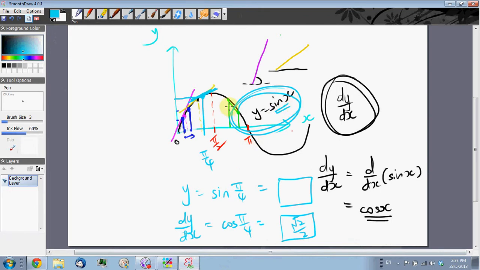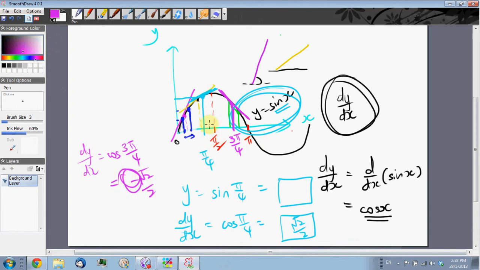So as I move along the graph, I just need to substitute in different values. For example, if I try a value here, maybe this value, let's say this value is 3 pi over 4. To find the gradient, which is how fast it changes, I just substitute in cosine of 3 pi over 4, which, if I type into my calculator, will give me negative root 2 over 2.